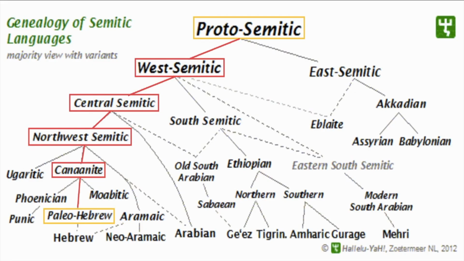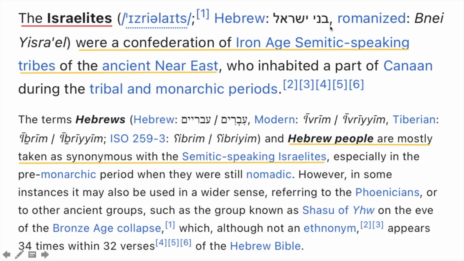So here's a chart showing the genealogy of Semitic languages. Proto-Semitic has various branches within it. From Proto-Semitic, you get West Semitic, Central Semitic, Southwest Semitic, Canaanite, and Paleo-Hebrew and Hebrew. So Hebrew is a Semitic language. It comes from Proto-Semitic. The Israelites were a confederation of Iron Age Semitic-speaking tribes of the ancient Near East.